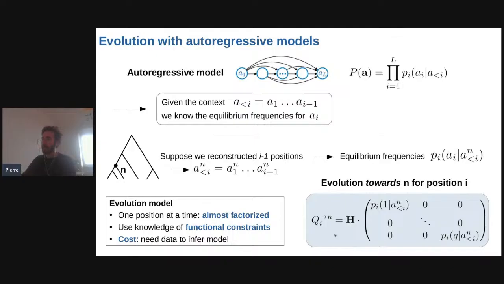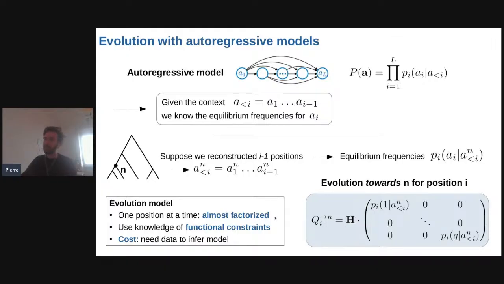And so I can construct a custom evolution or transition rate matrix Q that is specific to position I and specific to the internal node that I'm dealing with, because each internal node will have a different context. So I'm essentially constructing matrices that ensure that, for position I, I have the information at each internal node of all of the previous amino acids that I've reconstructed.